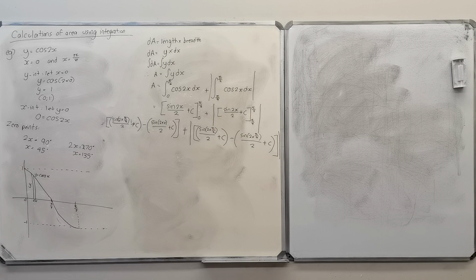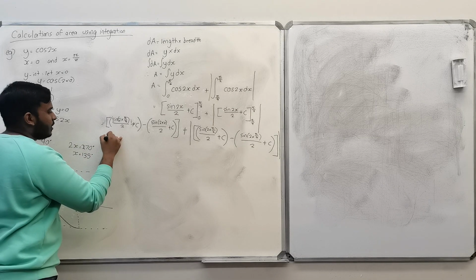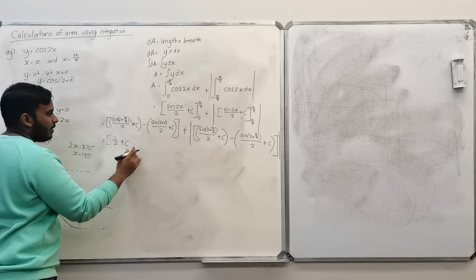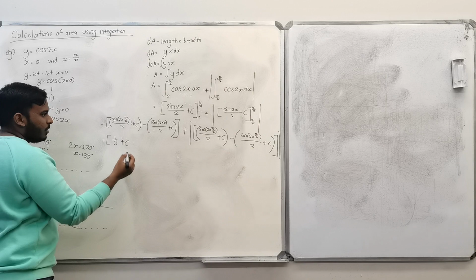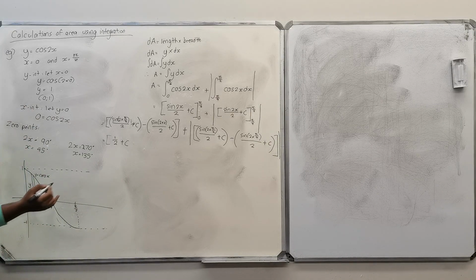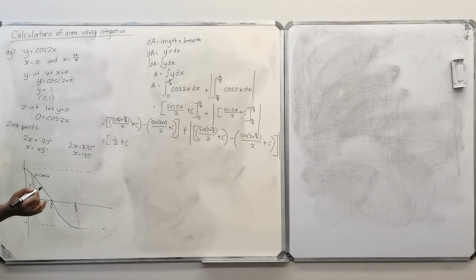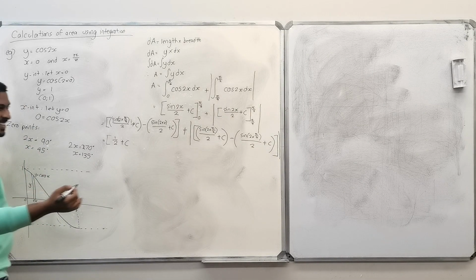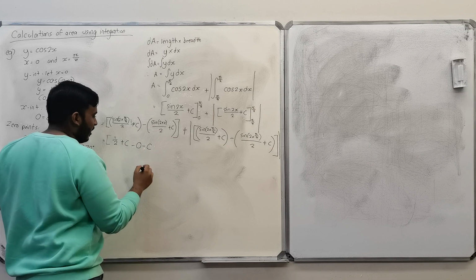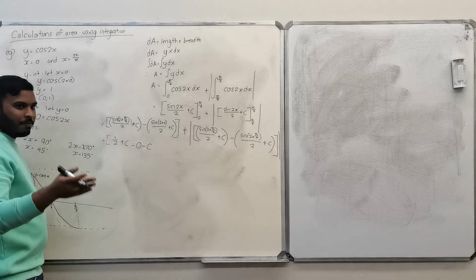One over 2, right? So this here is 1 over 2 plus c, and here that is going to be 0. It should be 0, the sine of 0 is 0. Plus 0 minus c. Okay, c minus 0, right? Minus c.